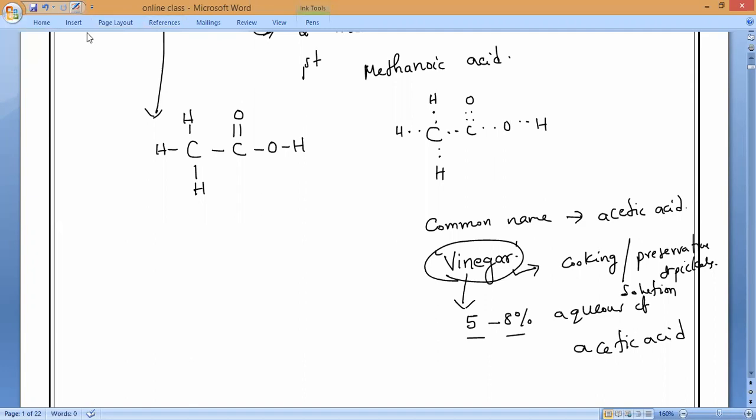So this vinegar we use for cooking as well as preservatives of pickles or food.